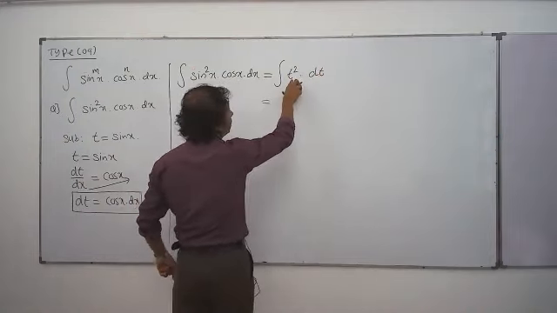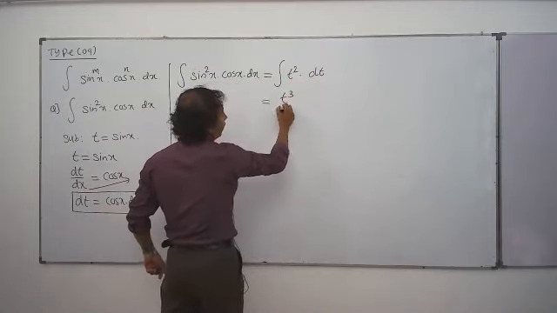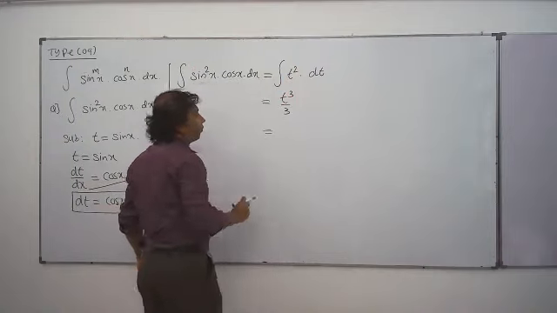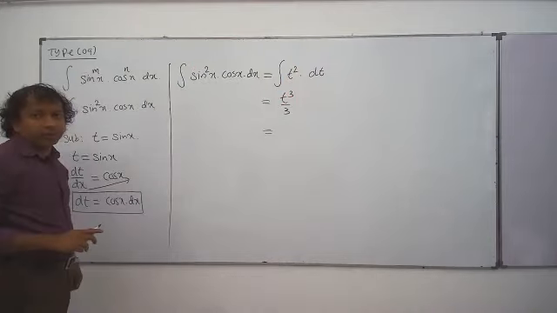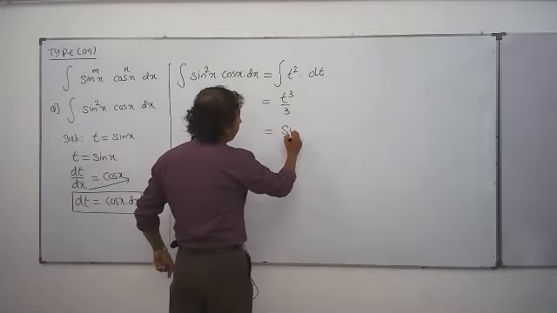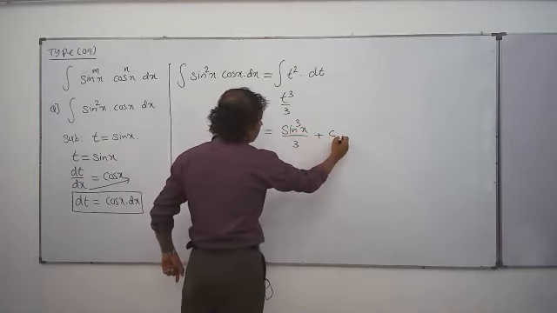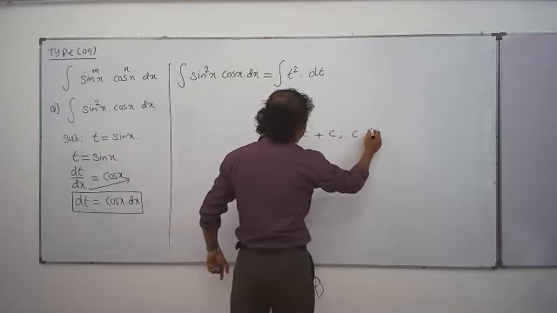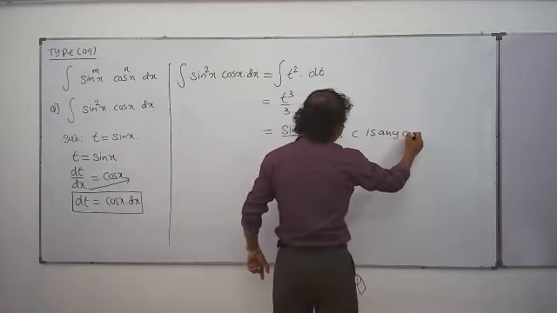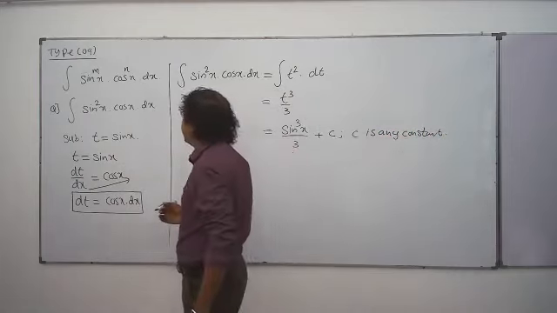Now t squared when we integrate with respect to t, it is t cubed by 3. People, but t is what? Sine x. Then we get sine cube x by 3 plus c. What is c? c is any constant. That way we can take this answer.